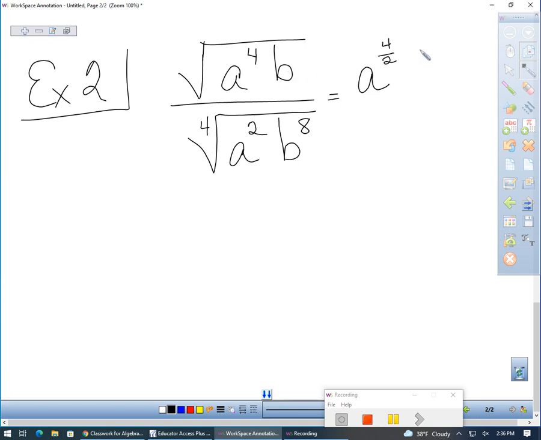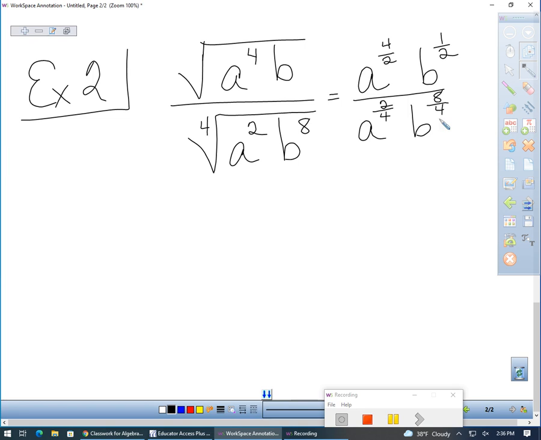This b is b to the 1st power inside a square root. Divided by. On the bottom, we have a to the 2nd power inside a 4th root, or a to the 2 over 4. And b is to the 8th power inside a 4th root.